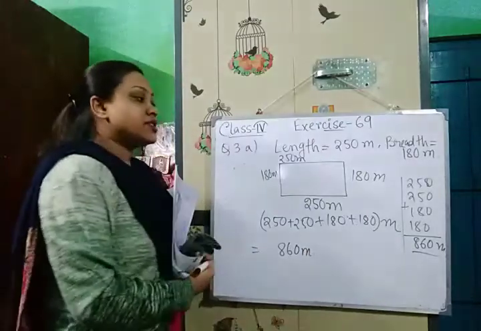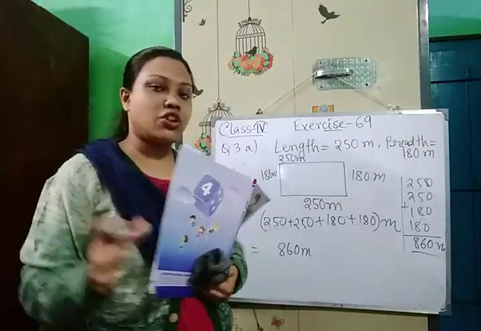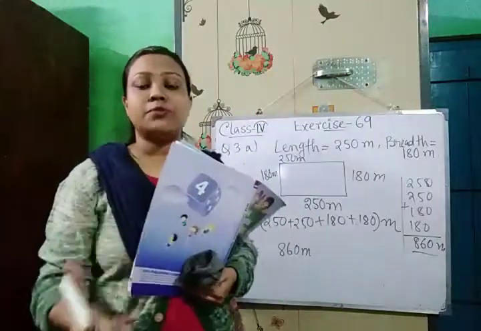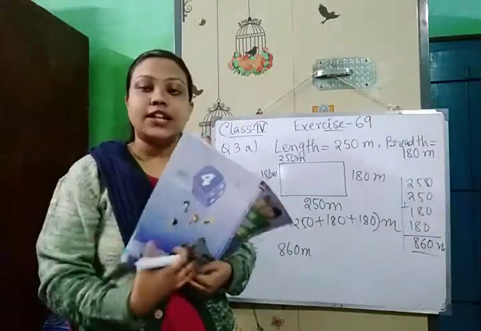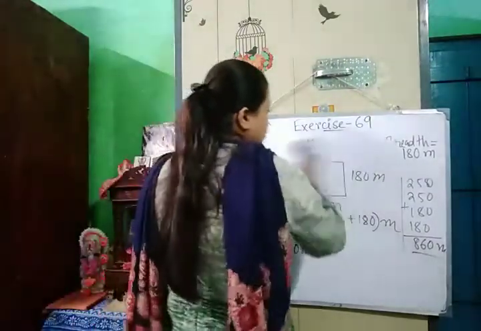Now, see, I am going to tell you another process to find out the perimeter. It's another rule or formula that you can use in finding out the perimeter of a rectangle. What is the rule or what is the formula?